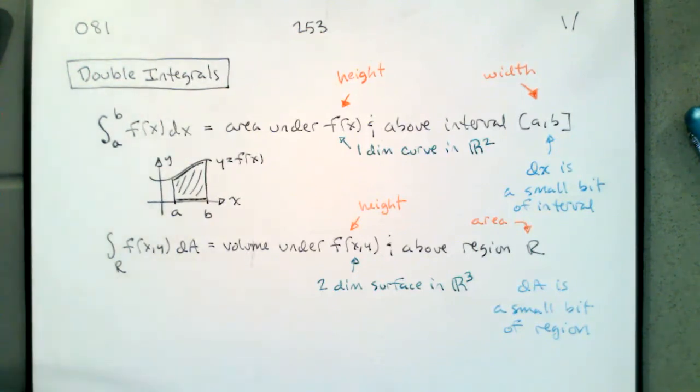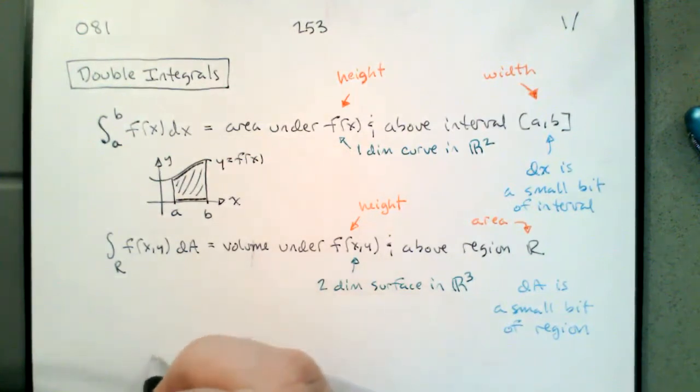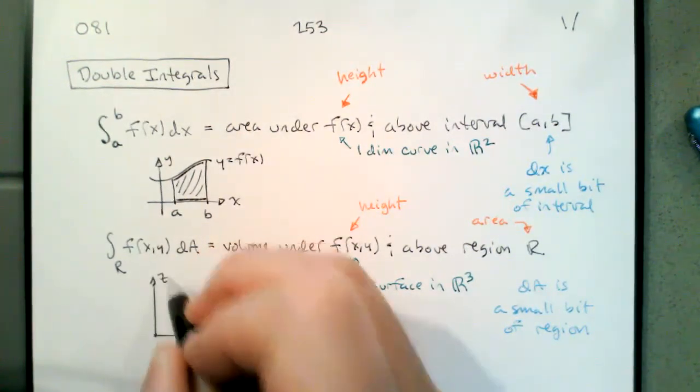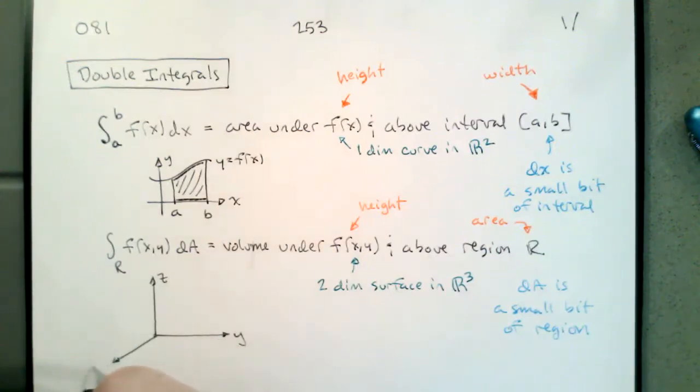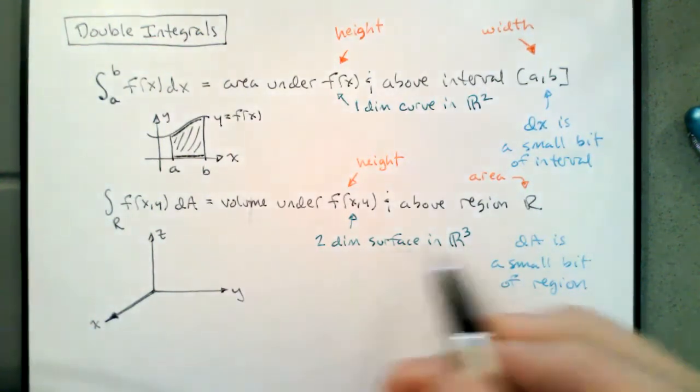Also, I got to change our notation over here. We're describing a region. So what we're looking at in an integration standpoint is we're going to take a dA, which is going to be a small piece of a region. So we've got a region down here in region R.